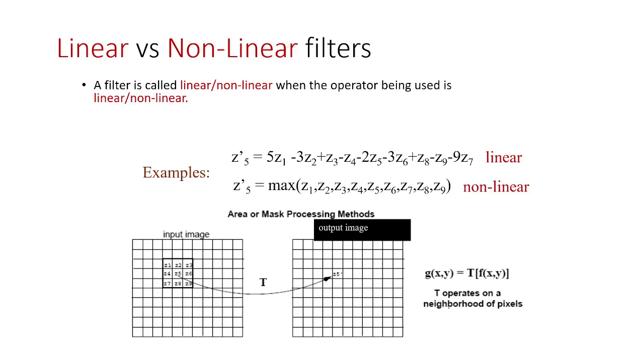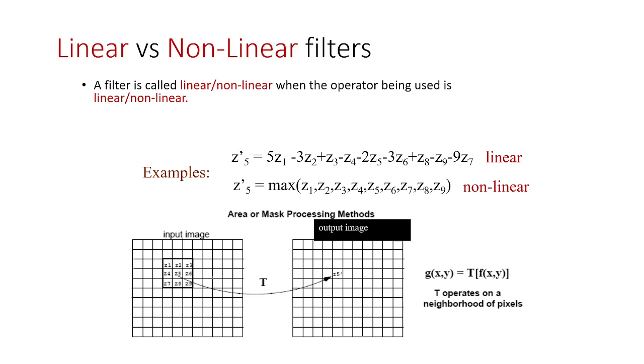Let's consider there are two methods in this, linear and non-linear filtering methods. The linear method is a sum of products, and the non-linear method takes the maximum of the values in that entire square matrix. So this is applying a sum of products; this is one linear method.